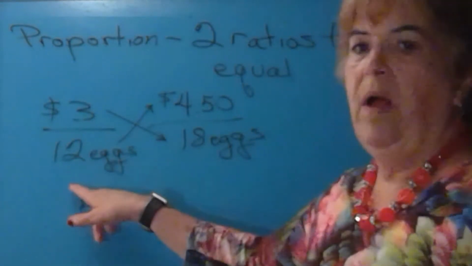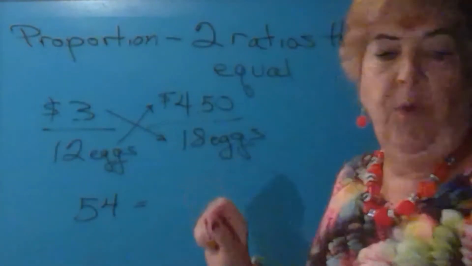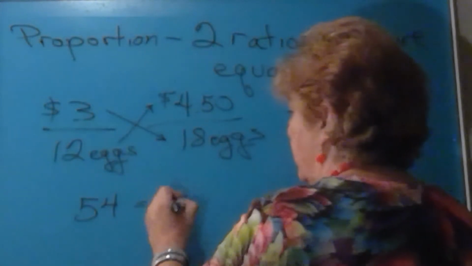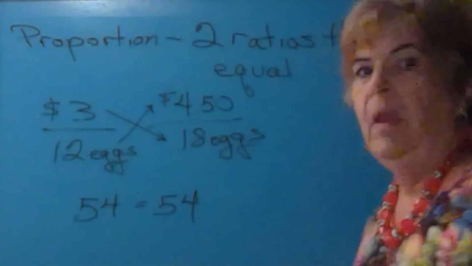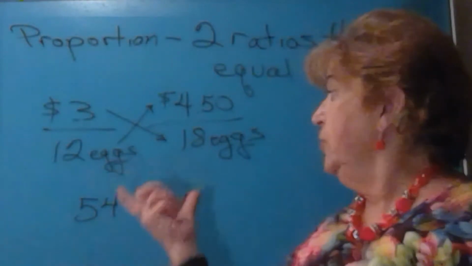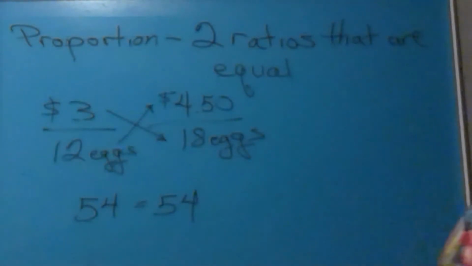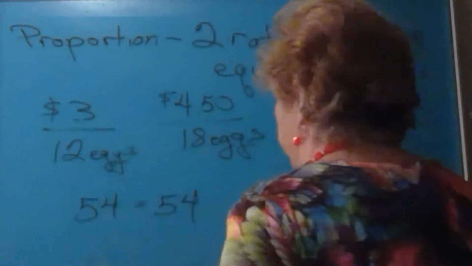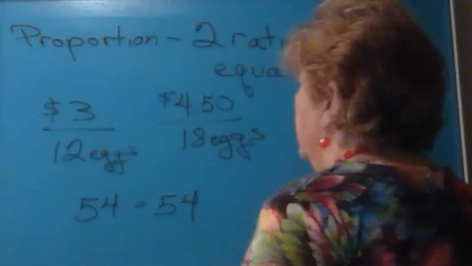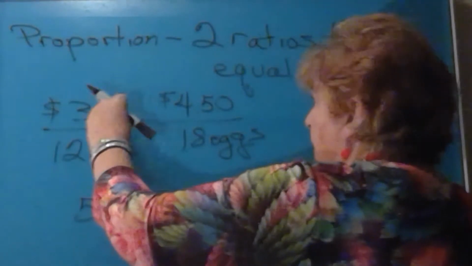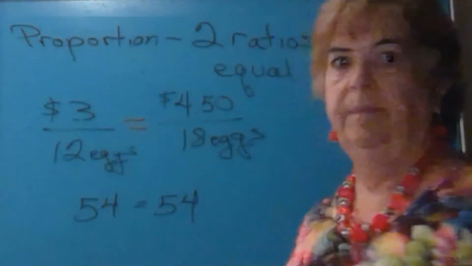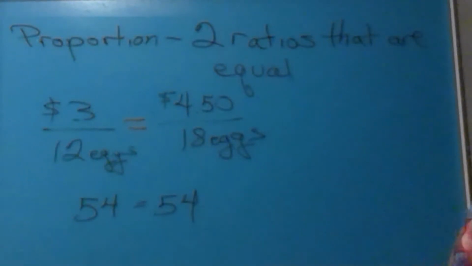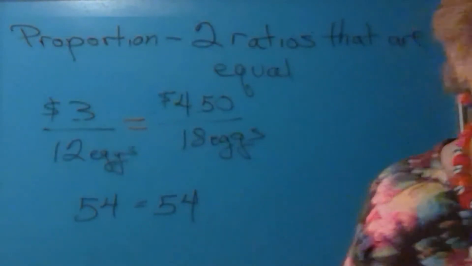And you take 12 times 450, that's also 54. Once you see that the two numbers are equal, then you can say, yes, this forms a proportion, and then you are able to put an equal sign there. But only if the cross products are equal.